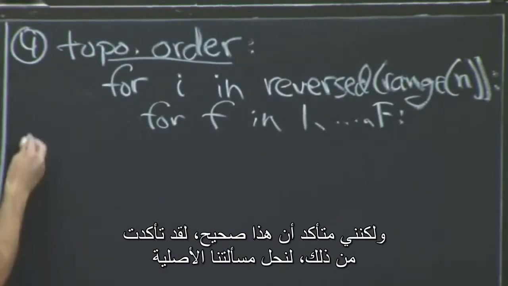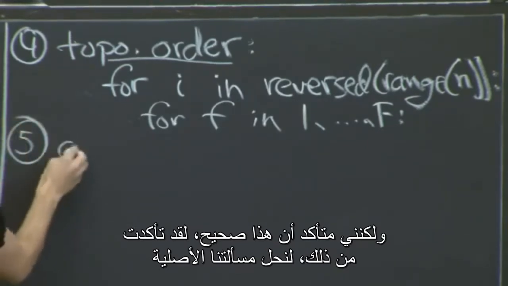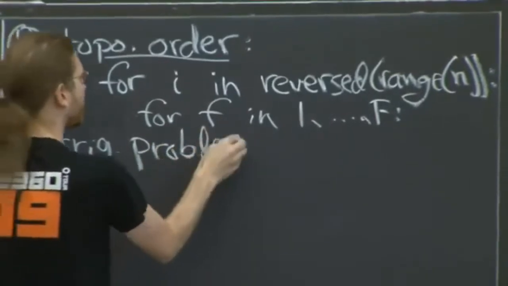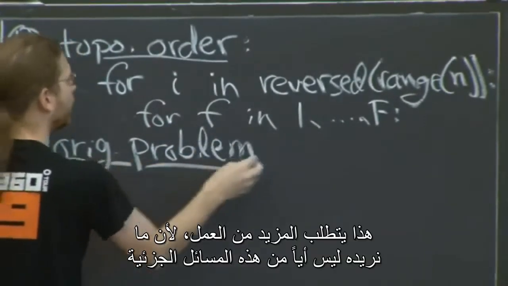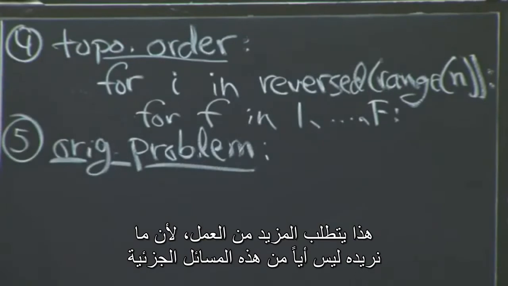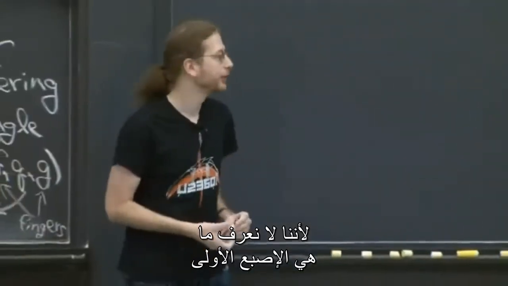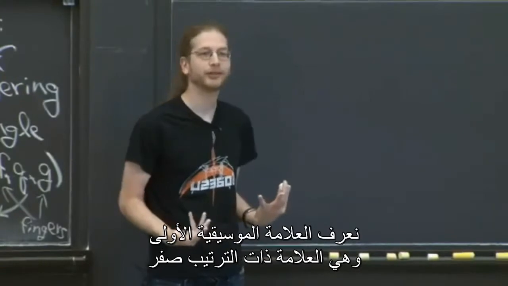You can check it. And then to solve our original problem, here we require a little more work, because none of these subproblems are what we want to solve, because we don't know what the first finger is. We know what the first note is, that's notes of 0.